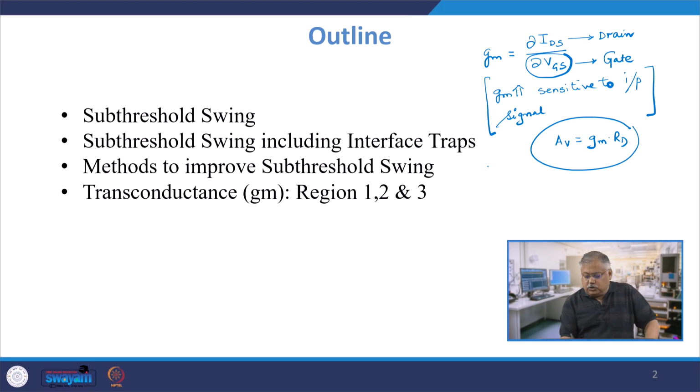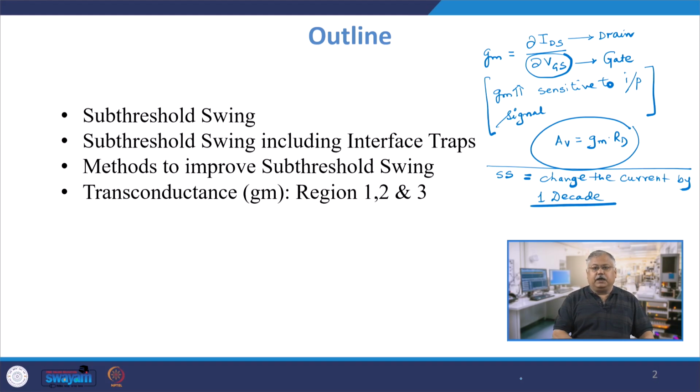Now, let us come to subthreshold slope. Just to give you a brief definition, we will go deep dive into it later on. Subthreshold swing actually means how much gate voltage you need to insert in order to change the current by 1 decade, right.